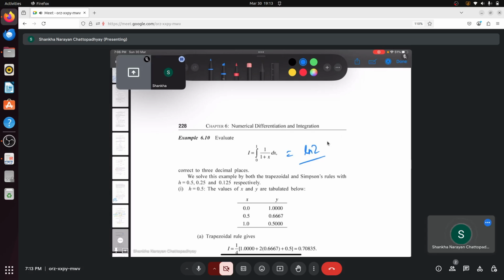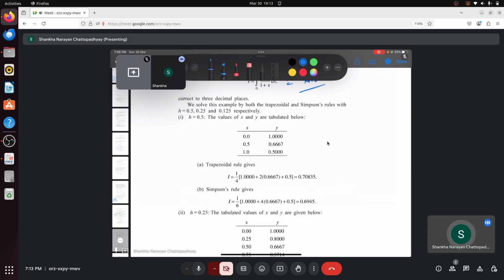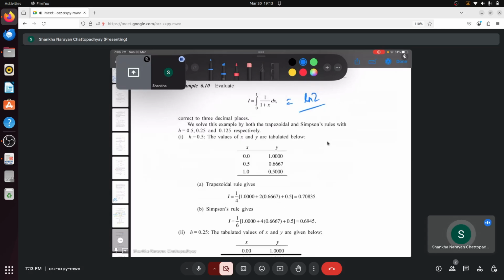The error bound, we know the formula. You can verify that the error of the computed value using the trapezoidal rule or Simpson's rule from the original value ln2 will be less than the error bound which we have theoretically obtained.